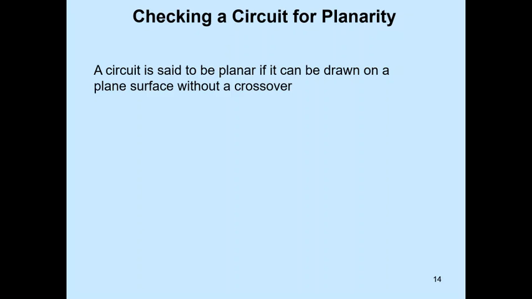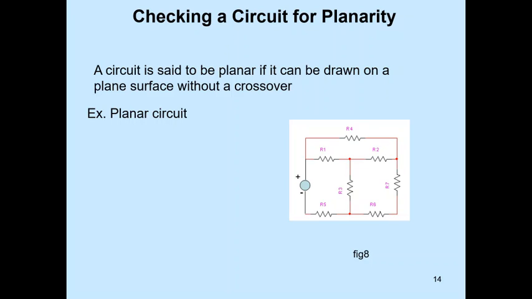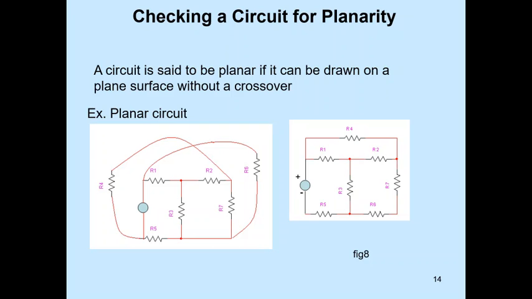For example, this is a circuit, and this is another circuit. In the circuit in figure B, there is a crossover. In the first figure, there is no crossover.